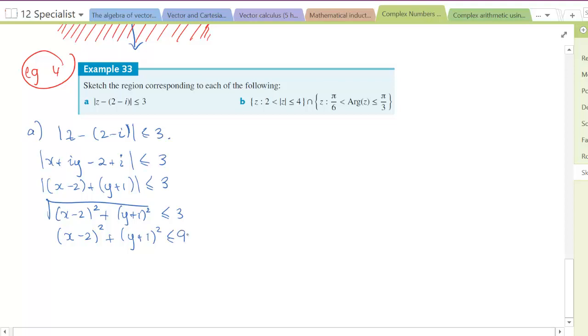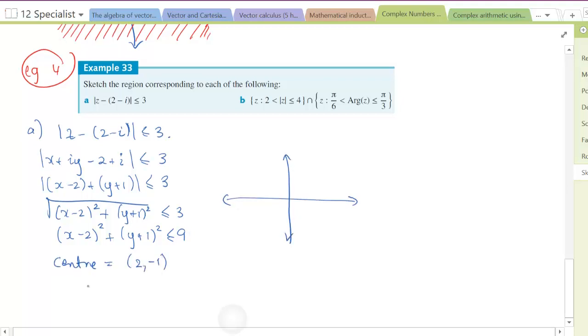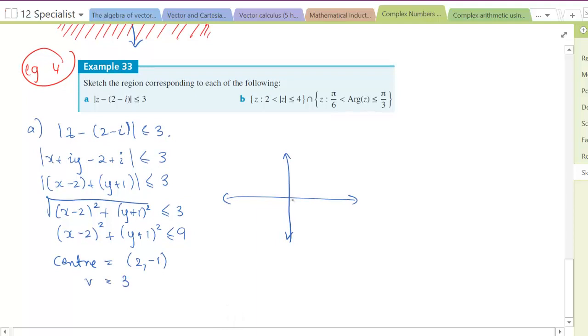Okay, so this should be nice and easy to sketch. We've got a center at 2, negative 1, and we've got a radius of 3. So 2, negative 1, the real and imaginary axis. When we add 3, we get 5, negative 1, and negative 1, negative 1.